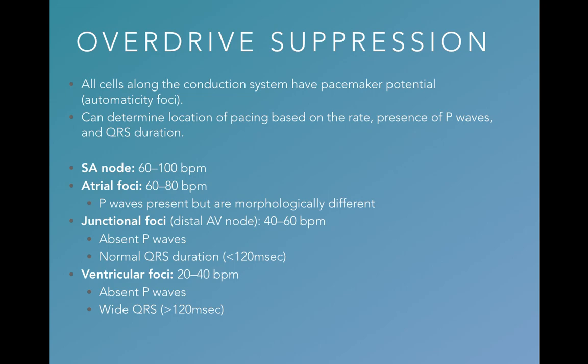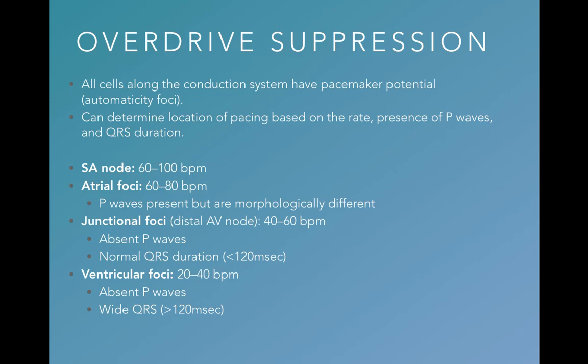If you see a rate between 40 and 60, then you might want to think about it being from the AV node. And this is known as a junctional foci. And in this case, because you don't have a beat coming from the SA node or somewhere in the atria, there's no P waves, right? Because as we've gone over before, a P wave comes from the SA node or somewhere in the atria.